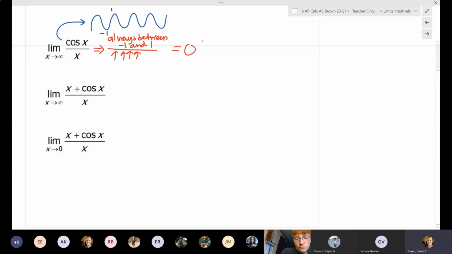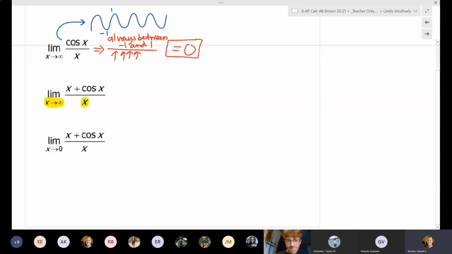I want you to compare that to the one underneath it. I've added an x plus cosine in it. Cosine is still always between -1 and 1, but now I have multiple terms, so now I get to pick in that numerator. Since I'm going towards infinity, what matters most? You can only pick what matters most if you're going to infinity. In the denominator, x is the only thing there.